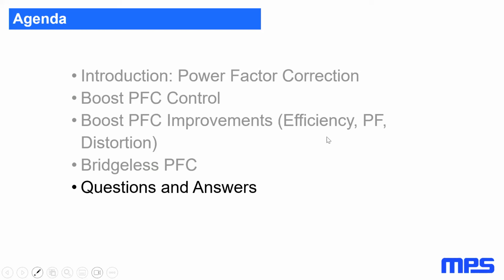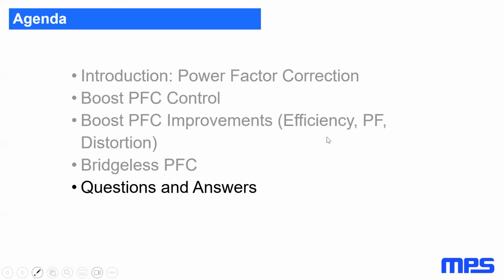Next one is, from an EMI perspective, which is better, CCM or CRM? This is not so obvious to answer because it will also depend on the power level. Because in the CRM case, the higher the power level, the higher the peak current and higher the di/dt.